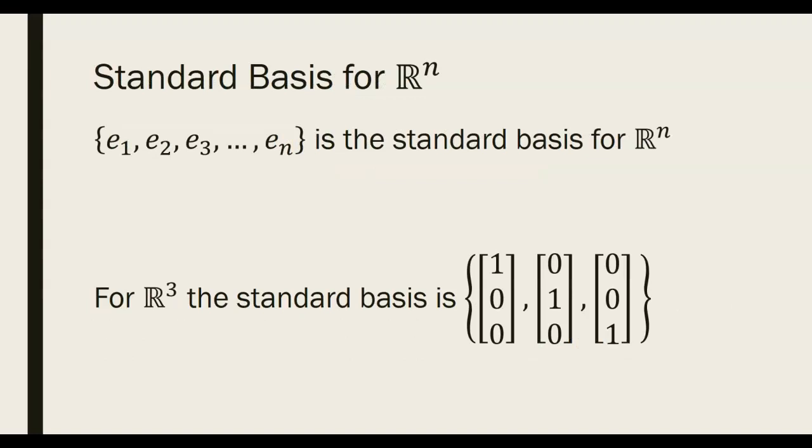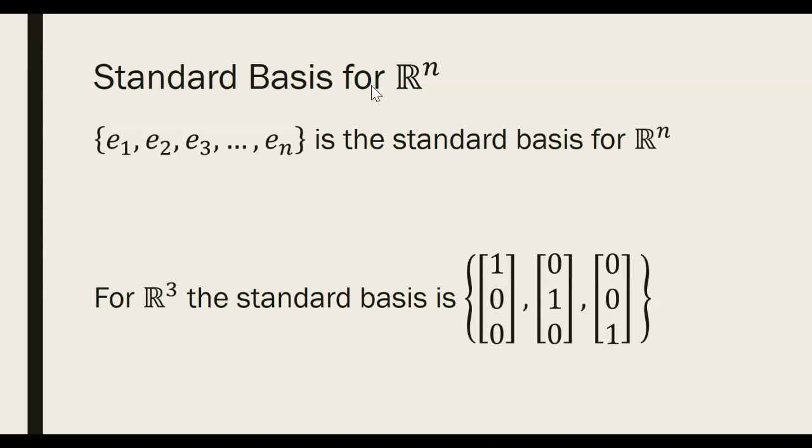Now, it turns out that we can find a basis for Rn. Remember, way back there were two trivial subspaces. The zero vector by itself is kind of uninteresting, but Rn is a subspace.